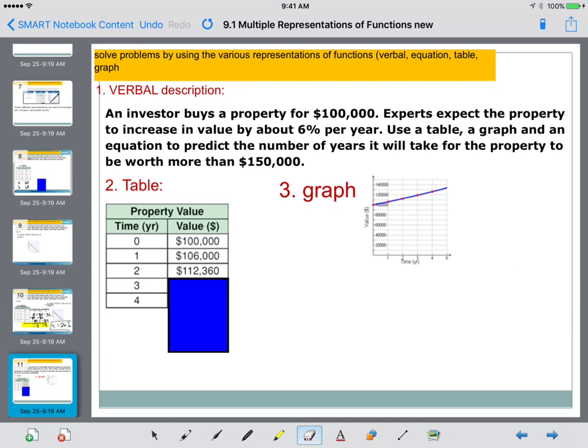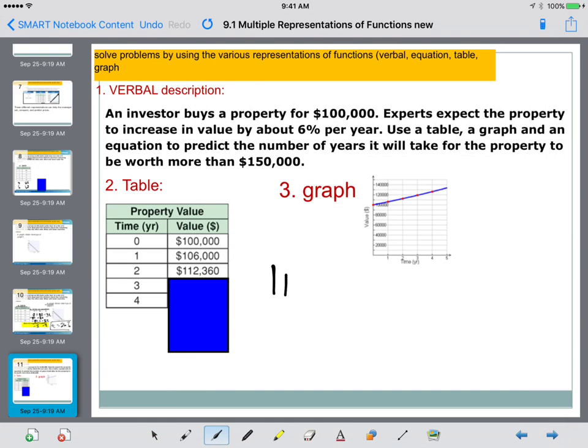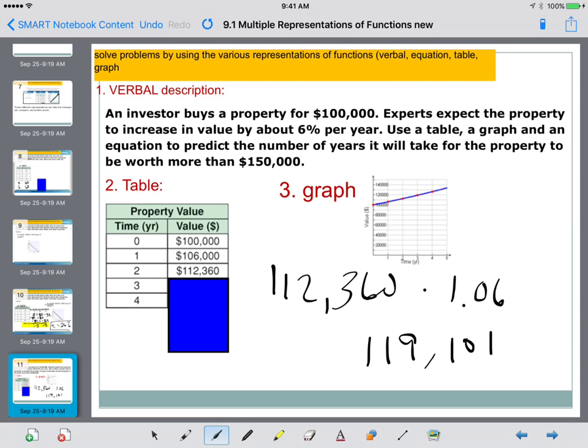There is. Okay. So in year two, if we take this 112,360, multiply it by 1.06, you would get 119,101, where you don't have to do any extra adding.